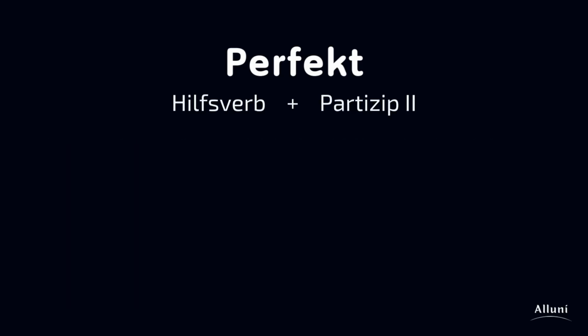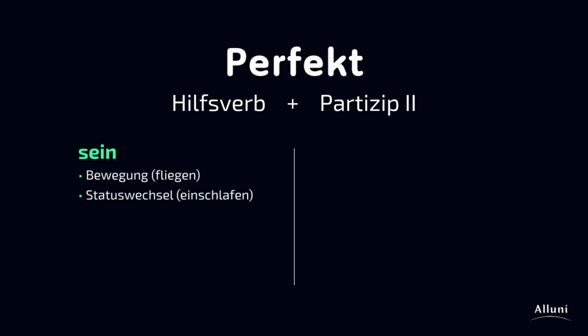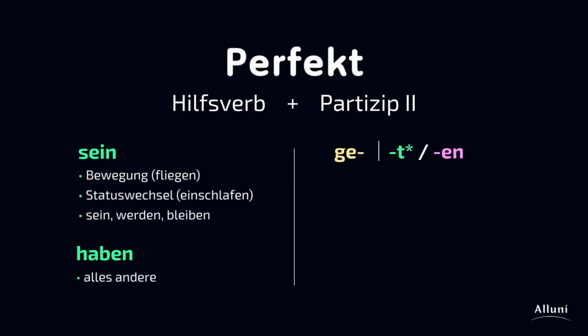So to conclude, perfect is the combination of a helping verb plus Partizip II. Use sein if the main verb expresses movement, a change of state, or is one of the verbs of being. Use haben in all other cases, especially with reflexive verbs. Form Partizip II from the verb stem. Regular verbs end in t, sometimes et.